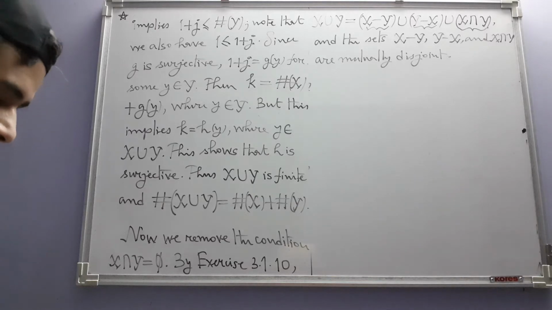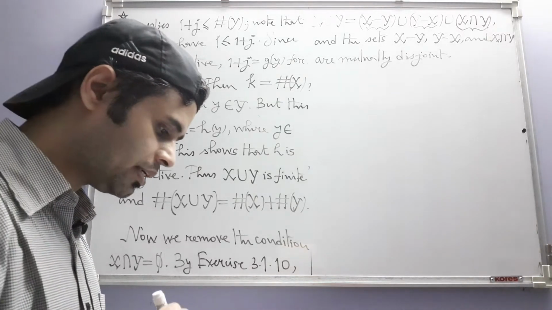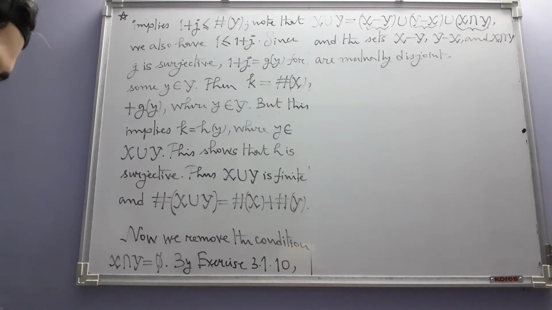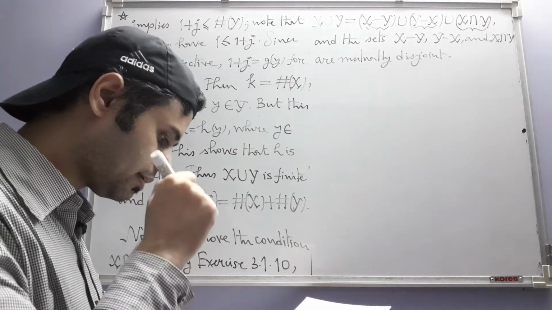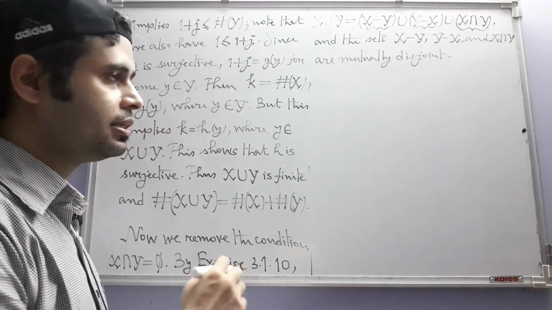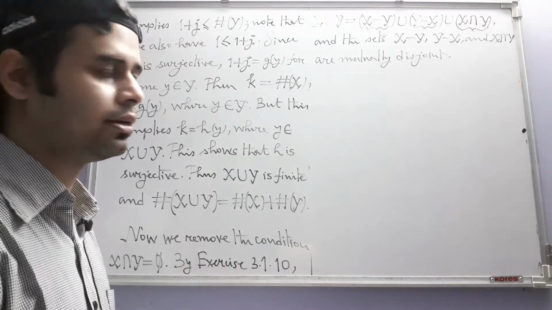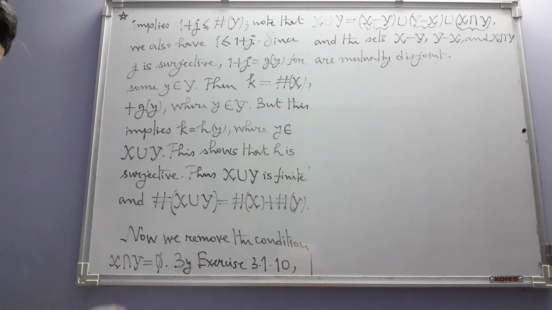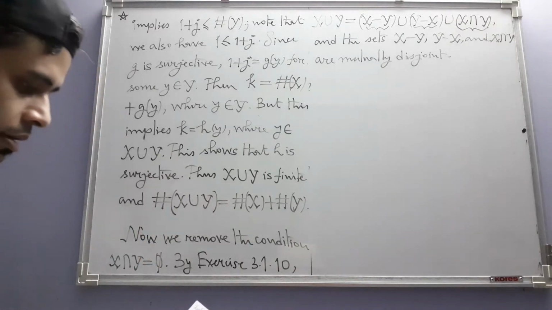So again, as usual, what I have written here is not entirely true, but we won't have any problem, because in the next part we are proving that every subset of a finite set is finite. So we can use that here, although it appears in the next part, provided we don't use this one in the next part.